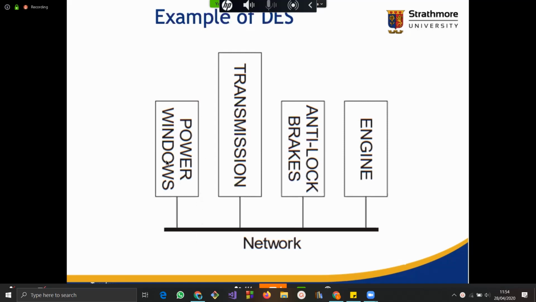If this fails, your car will still move. You have your transmission. If this fails, your power windows will still work. You have your anti-lock brakes, you have the engine. All these are different, but they are connected through the same network. So a car is a very good example of a distributed embedded system.